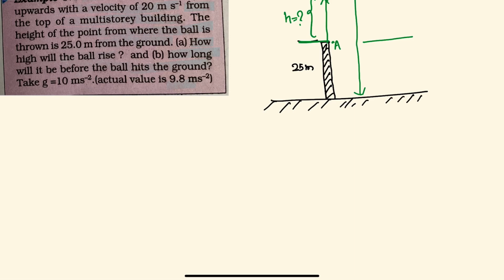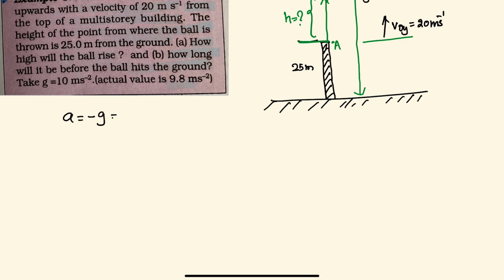The initial velocity, upward velocity v naught y, is equal to 20 meters per second, upward direction positive, and the final velocity vy at this point is 0, right? Just now we have seen that when it is going upward, a is equal to minus g.